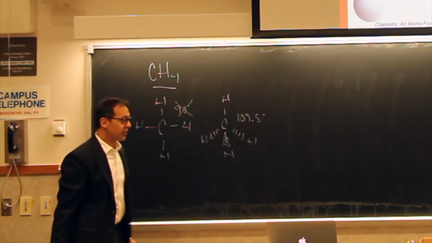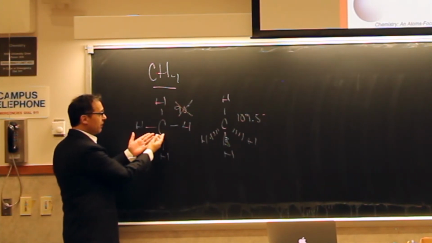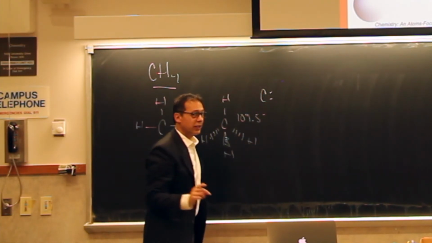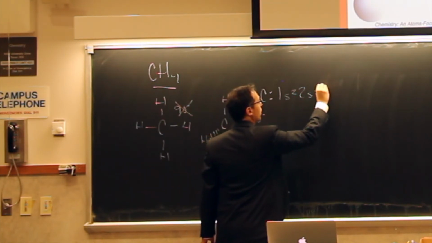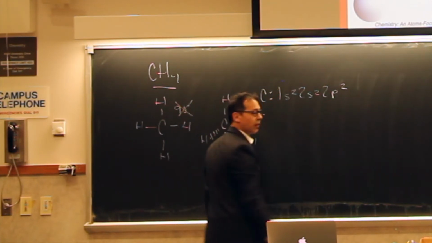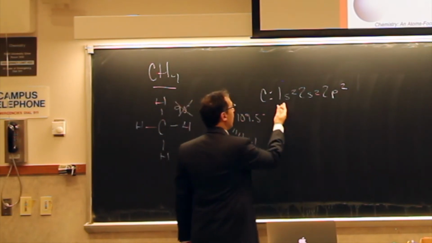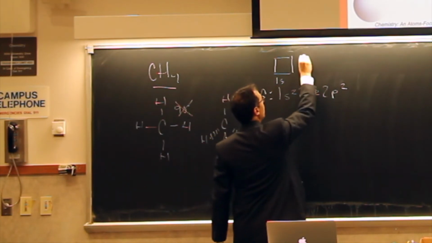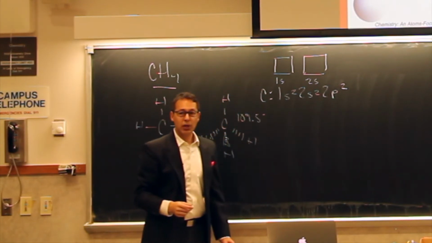I'm going to show you something else that's review, and that is taking a look at the orbital notation of carbon. So carbon has an electron configuration of 1s2, 2s2, 2p2. There's my electron configuration. And then if I do my orbital notation, I would have my 1s box here, and then I have my 2s, and then I'm going to have my 2p.